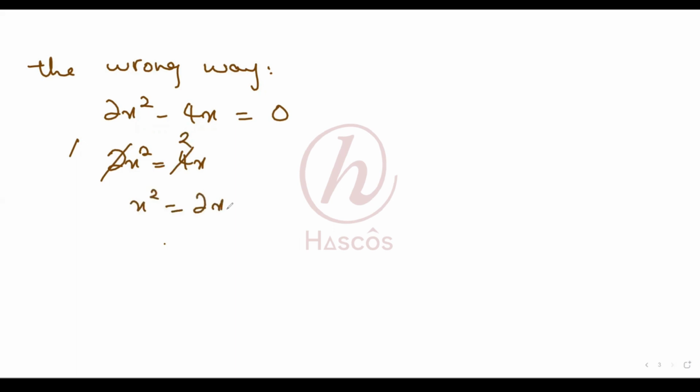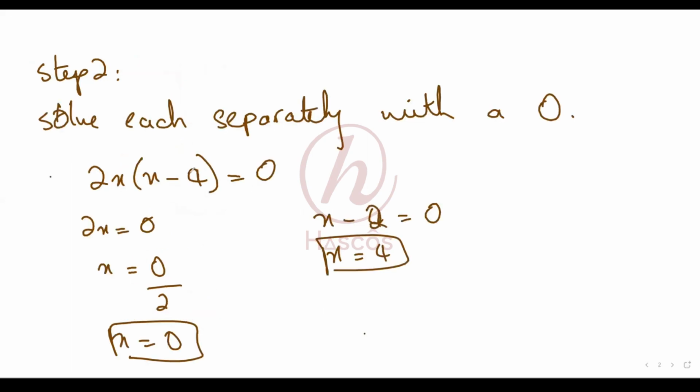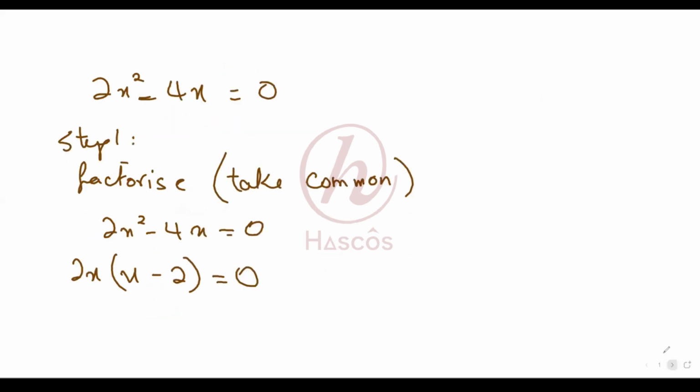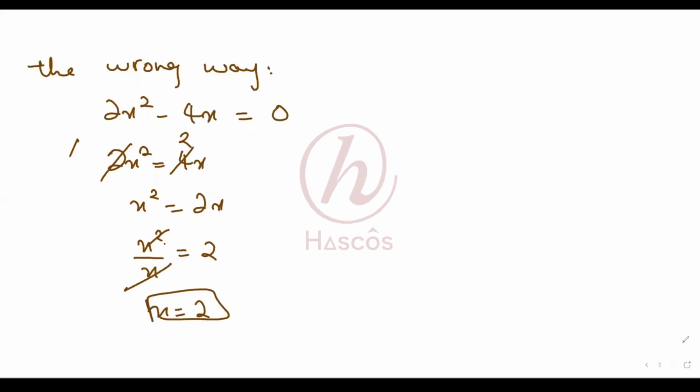And then you might be compelled to take x on this side, x squared upon x equals 2, and cancel one x with one of the x's, and you might think, I have an answer, x equals 2. Okay, one mistake, this was a minus 2 over here, so our answer is going to be a 2 over here. That was a silly mistake, so we've corrected that.